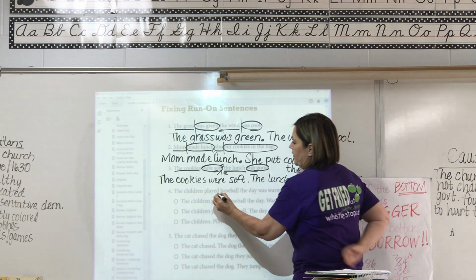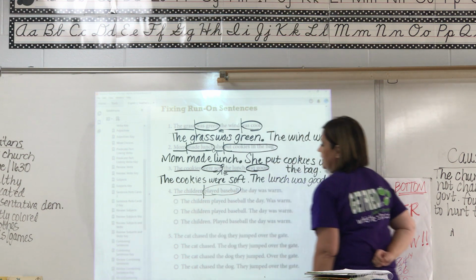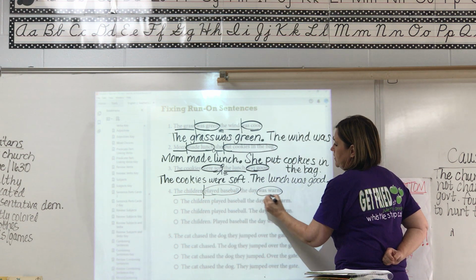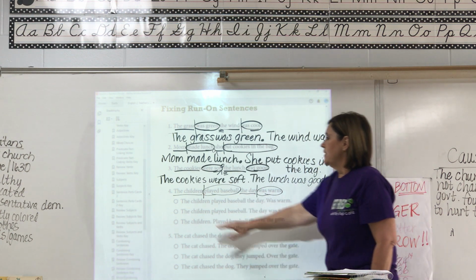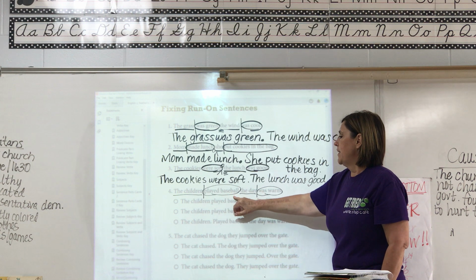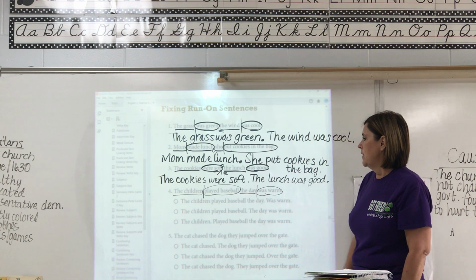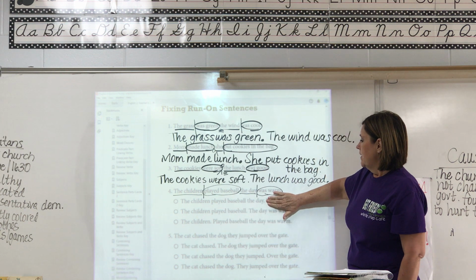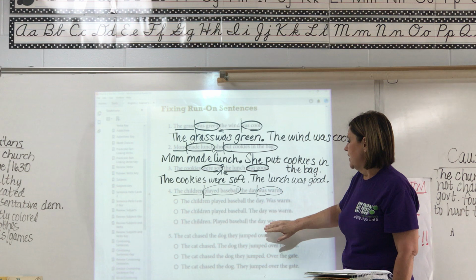Well, I see a predicate, played baseball, so this subject is the children, and I see a predicate, was warm, so the subject is the day. So my first sentence needs to be the children played baseball. My second sentence needs to be the day was warm. Well, here, I have a predicate on its own, so that can't be correct.